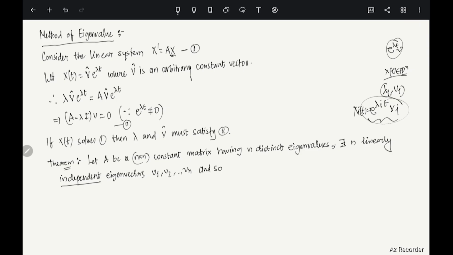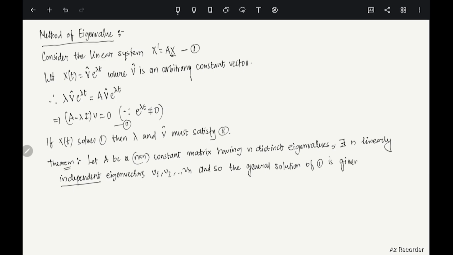So there should be n linearly independent solutions. So the general solution of 1, xg, is given by c1 times v1 e power lambda 1 t, plus c2 times v2 e power lambda 2 t, plus cn times vn e power lambda n t.